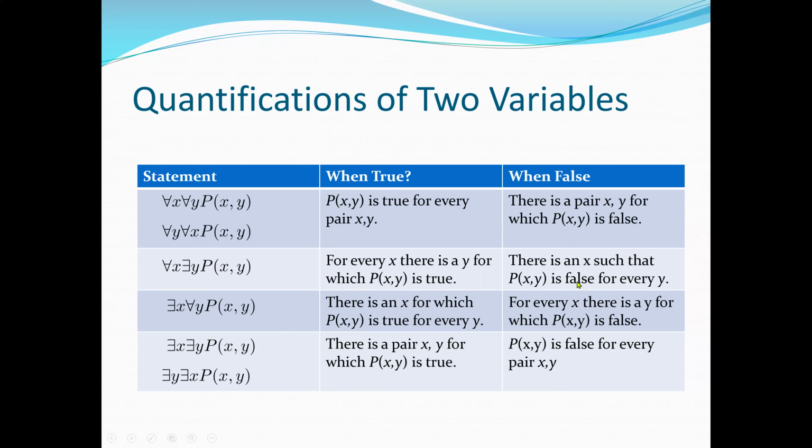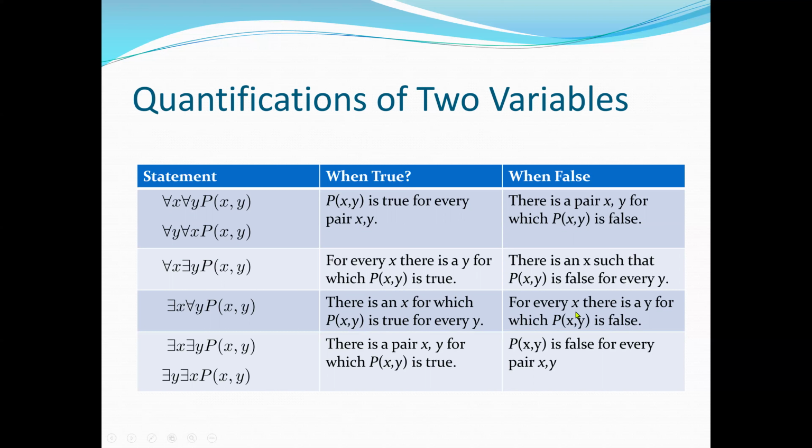If I have x divided by y is 1, if x is 10 and y is 10, it's 1. But if x is 10 and y is 2, it's not 1. So some of the values will make it false and some will make it true. Here also we say some x and all y, P(x, y). Here also we say the same thing. There's an x for which P(x, y) is true for every y. Because here we have every y.